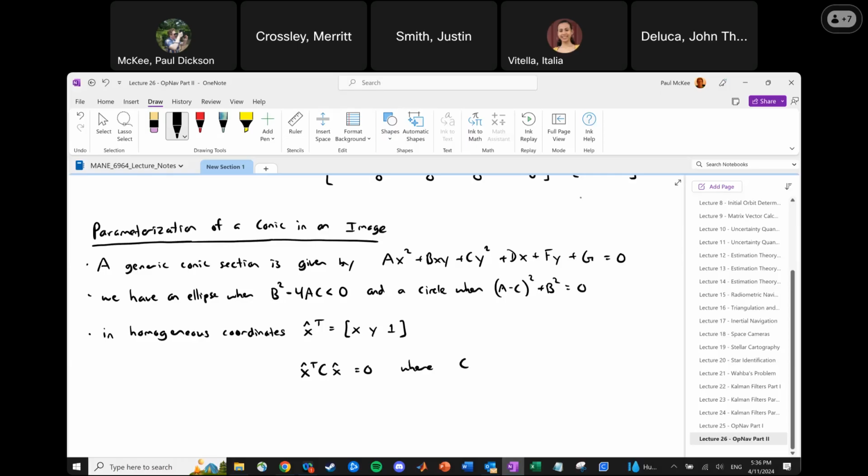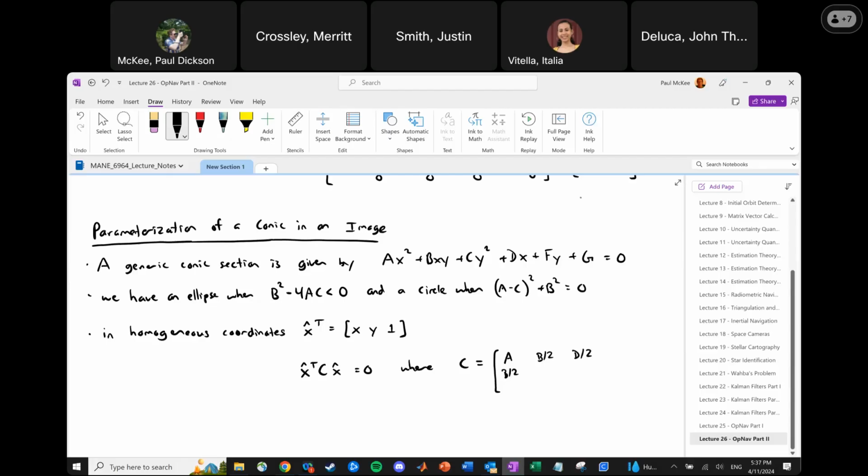where C is a 3x3 matrix built out of a, b over 2, d over 2, b over 2 again.